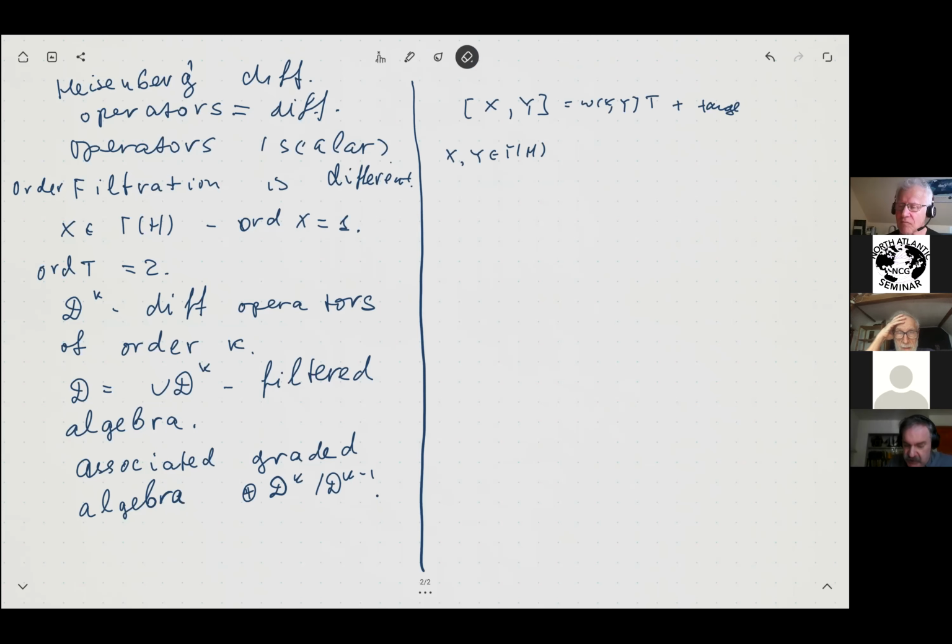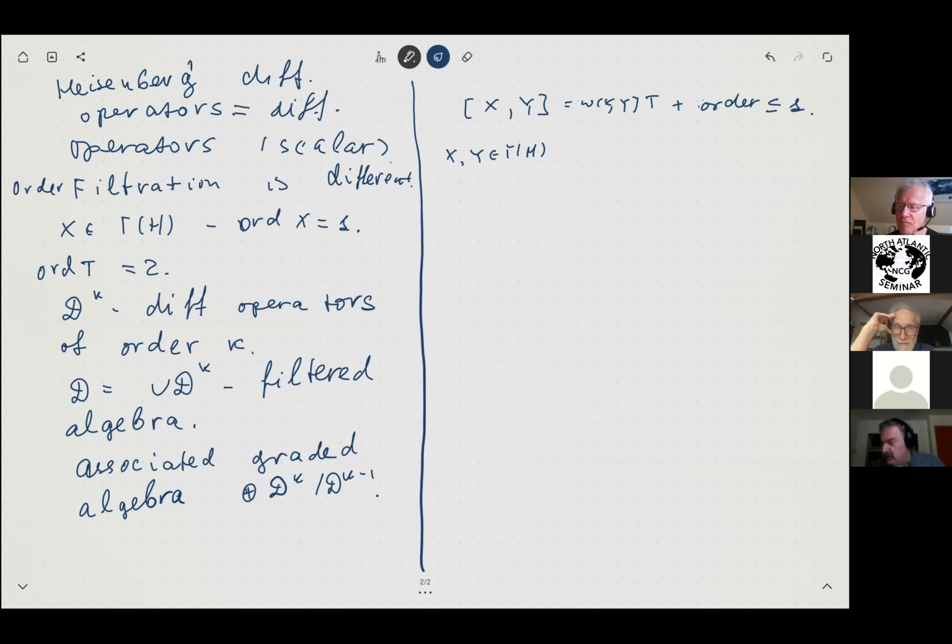Oh, sort of tangent. No, right, order at most 1. Okay. So on the level of principal symbols, you have non-trivial commutators, which means that the algebra is non-commutative.